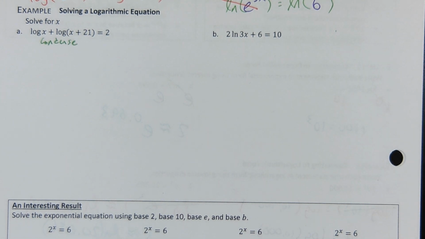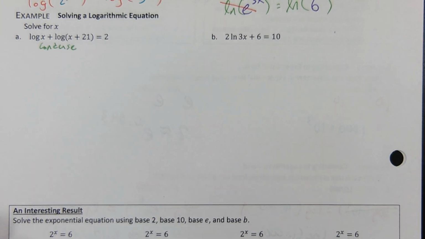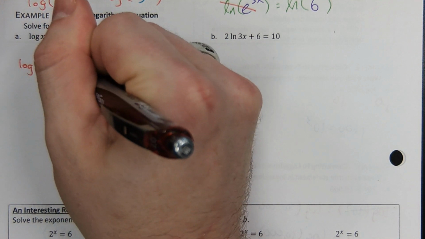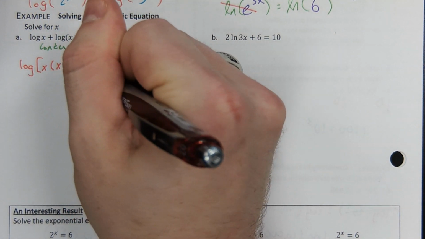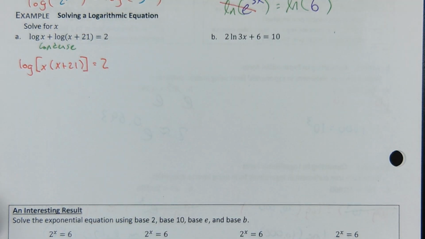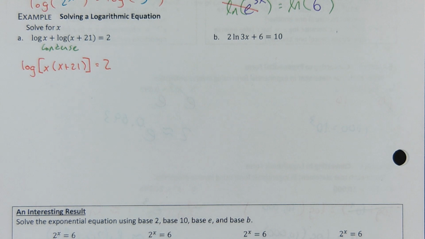They're both log base 10. I'll write this one in red. There. Now the logarithm is alone. Now the logarithm can be canceled.